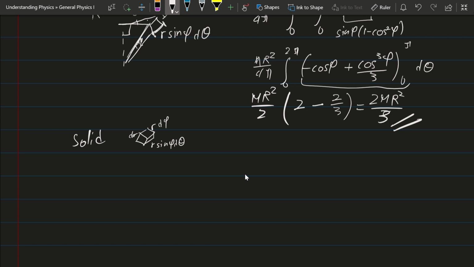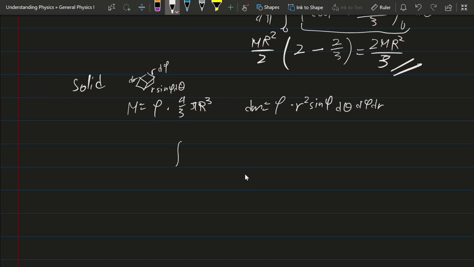So for the mass, it will be the density, which we will call rho, multiplied by the volume, which is 4 over 3 pi r cubed. And so for a small mass, this will be rho times the r squared sine phi d theta d phi dr.